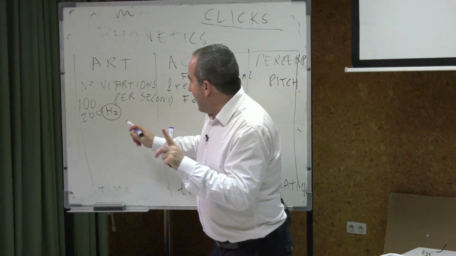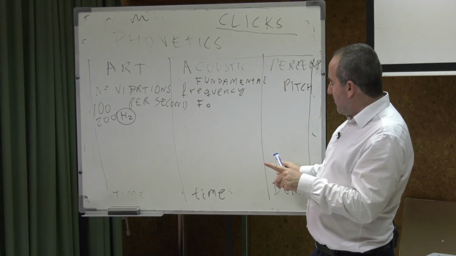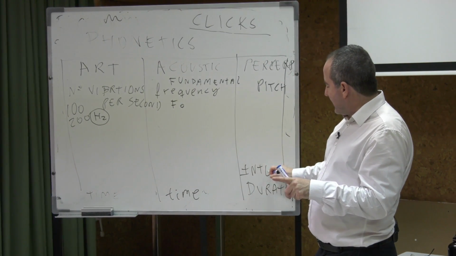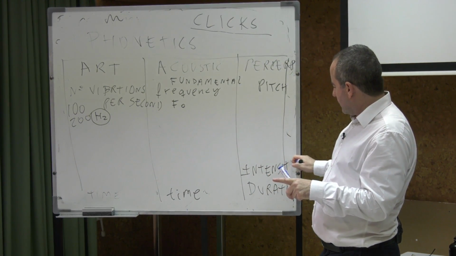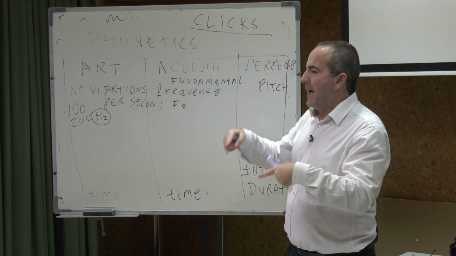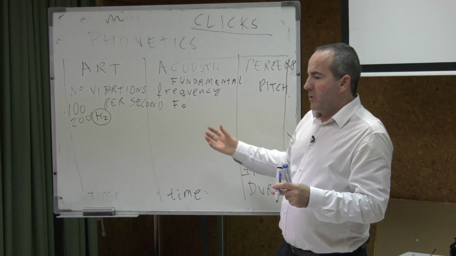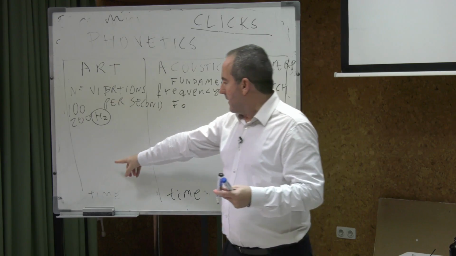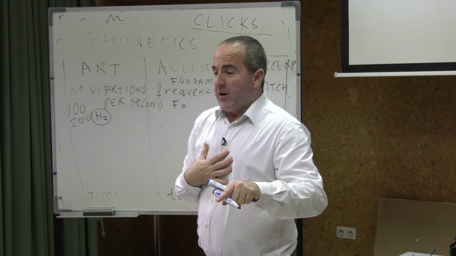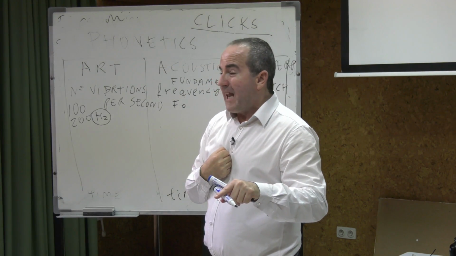Now, another element that is very important acoustically and articulatorily, and in how we perceive it, is what in perception we call the intensity of sound. How a sound is produced in the vocal folds depends on how much air, how much strength, how much power I put in the air coming from the lungs.